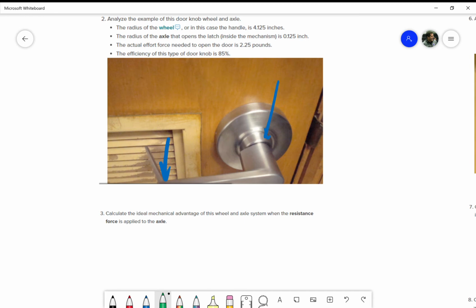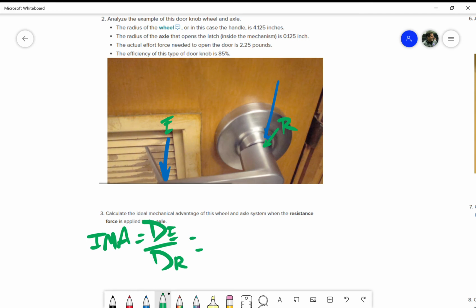Okay, so first things first, we have to calculate the ideal mechanical advantage if the resistance force is applied to the axle. So our axle is going to be our resistance, and this is going to be our effort. So our IMA is dE over dr. We need to get the IMA.